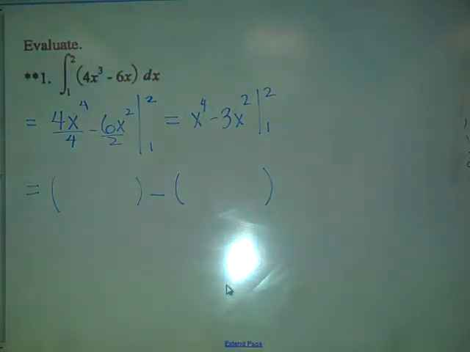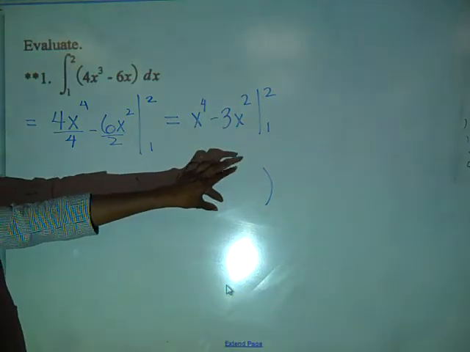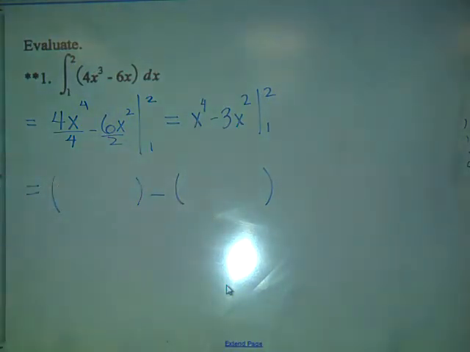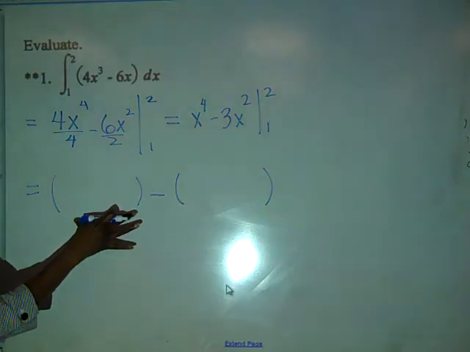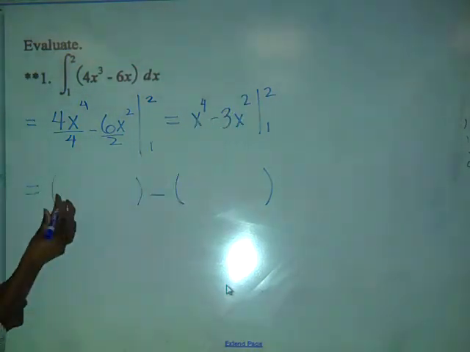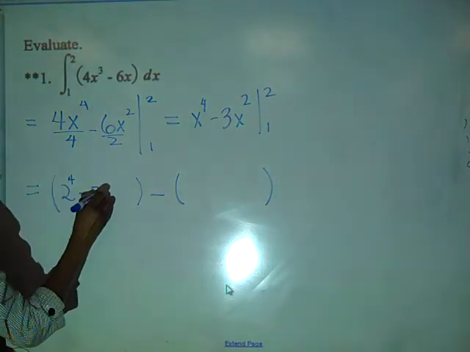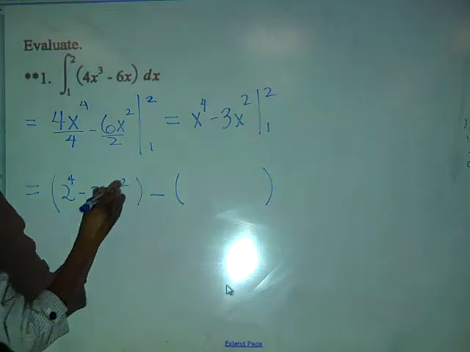Because the fundamental theorem means I have to take that big one and subtract from it what I get when I plug in that lower limit, right? So starting off with the upper limit, plug the upper limit into that expression. So we get 2 to the 4th minus 3 times 2 squared.